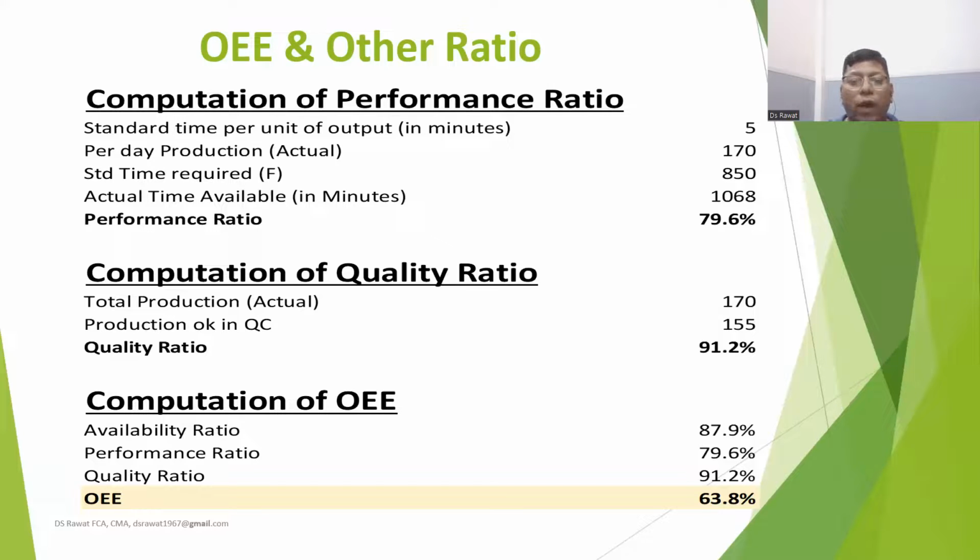63.8%. Why is OEE so important? In every manufacturing concern where the investment in plant and machinery is very high, we have to improve the OEE. 1% improvement in OEE results in 3 to 4% bottom line improvement, or we can say 1% improvement results in more than 1.5% improvement in the gross contribution.